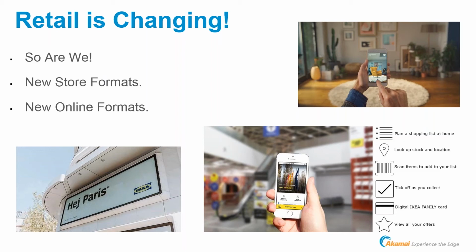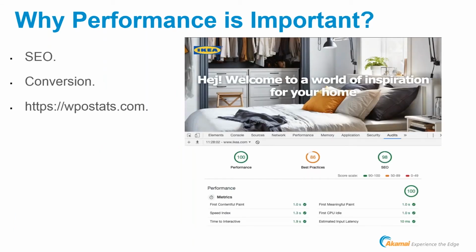Great. Okay, so apart from the obvious in terms of revenue, why is online performance now so important to IKEA? Yeah, I think there are two things that always come out on top when you talk performance, and it's SEO, search engine optimization.